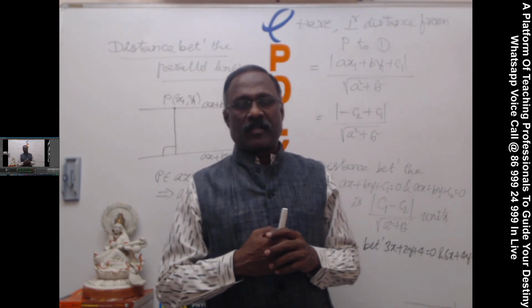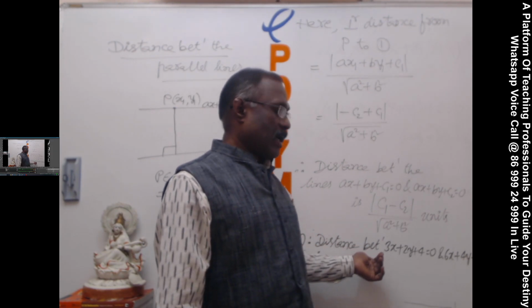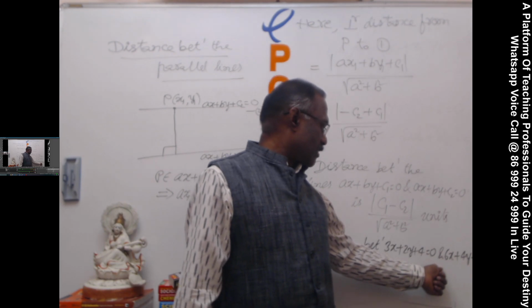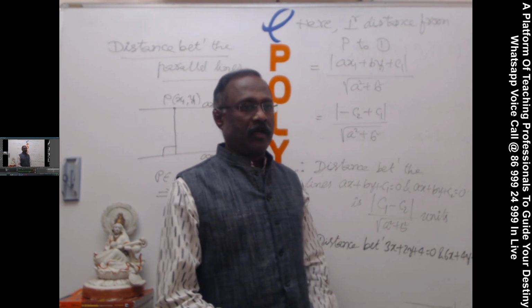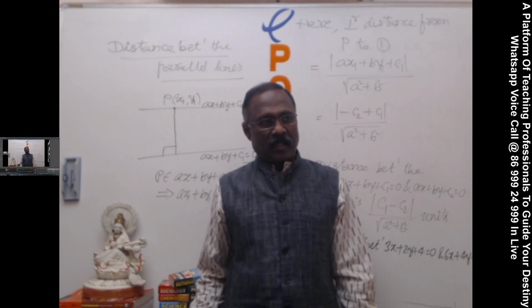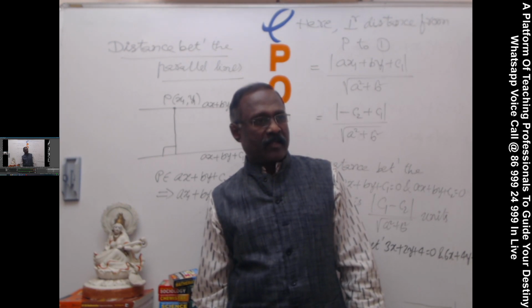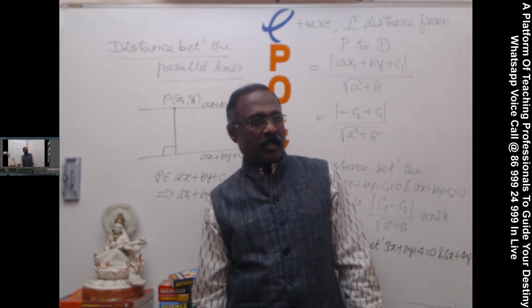Just observe the question, please. First line is 3x plus 2y plus 4 equal to 0. Second line is 6x plus 4y plus 1 equal to 0. What is the difference, please?